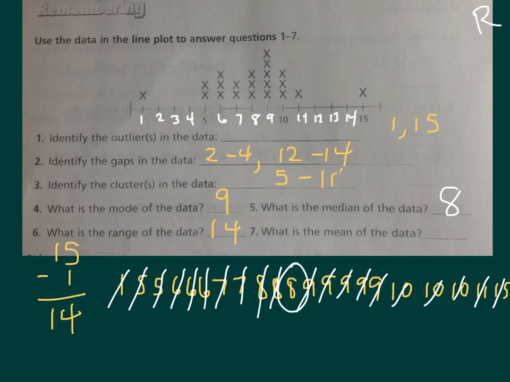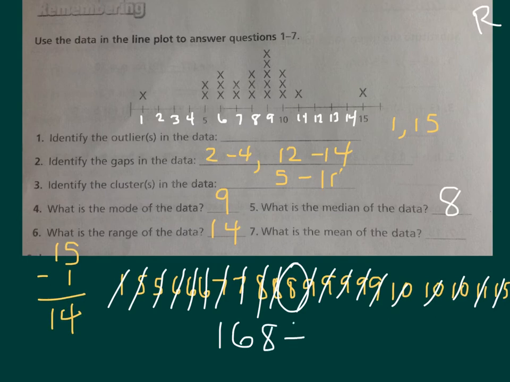For the mean I like to think is being mean because it's making you do the most work. You need to add together all of the numbers that you have, so every single X. So you have 1 plus 5 plus 5, 5 plus 6 plus 6 plus 6 plus 7 plus 7 plus 8 plus 8 plus 8. So when I add them all together, I get a total of 168.